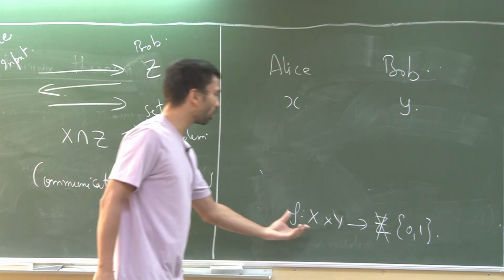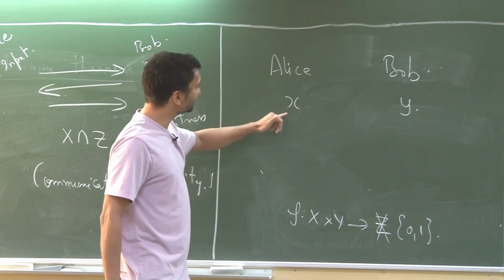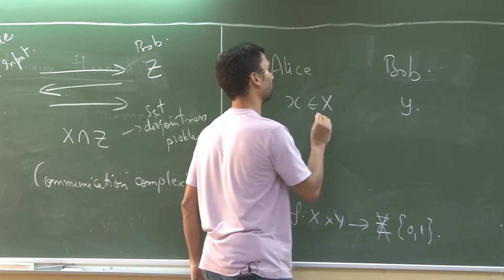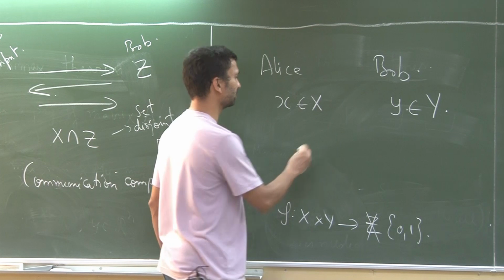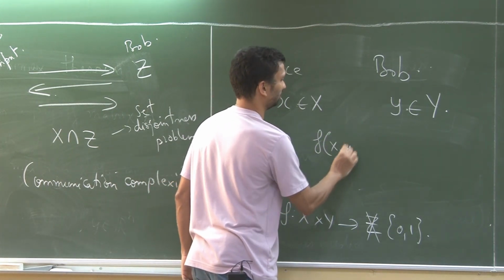Okay, so I have a problem in mind. Alice gets the input from X, Bob gets the input from Y, and their task is to calculate f of xy.